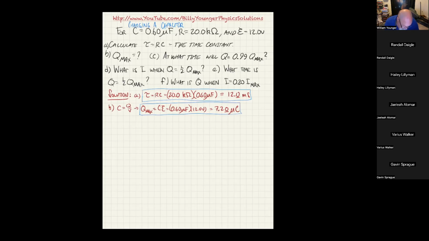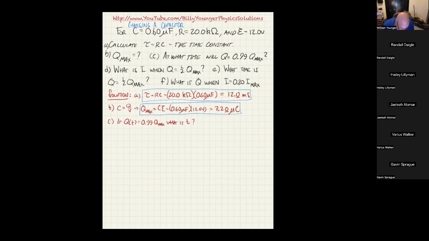Now for part C, they want to know at what time will Q equal 99% of the Q max. So we're going to do that now. We'll say C, if Q of T equals 0.99 Q max, what is T?